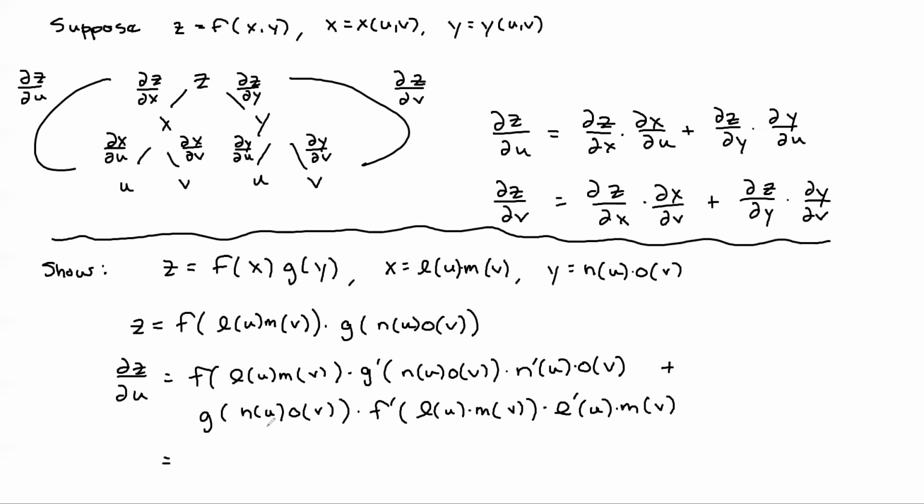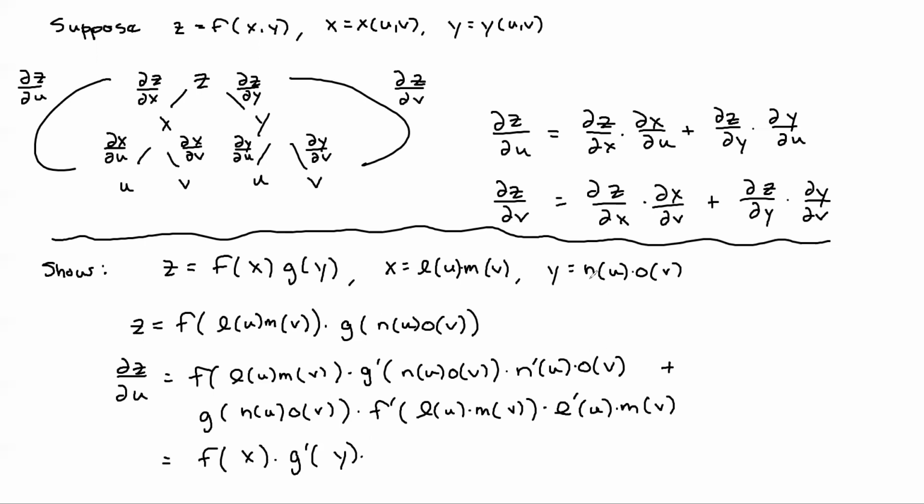Okay, and now that we're finished differentiating, if we translate this back into our original setup, we're going to have f, and where we have L of u m of v, that's x, so we're going to have f of x, and then g prime, and inside of that n of u o of v, that's y, and then next to that, the derivative, n prime of u times o of v.